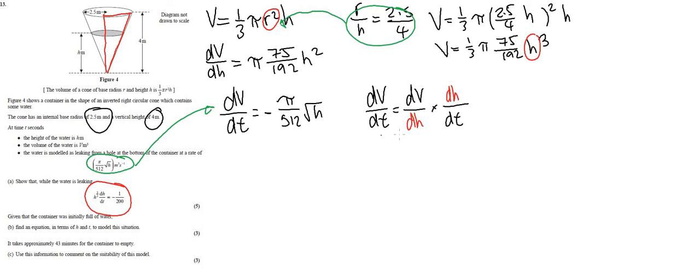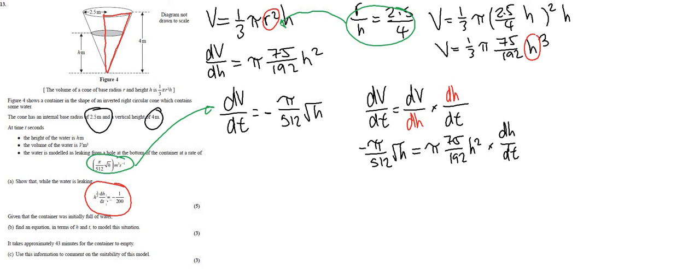So now we know dV by dt is minus pi over 512 times the square root of h. dV by dh, we've just worked out up here. That is pi times 75 over 192 times h squared, and we don't know what dh by dt is yet.